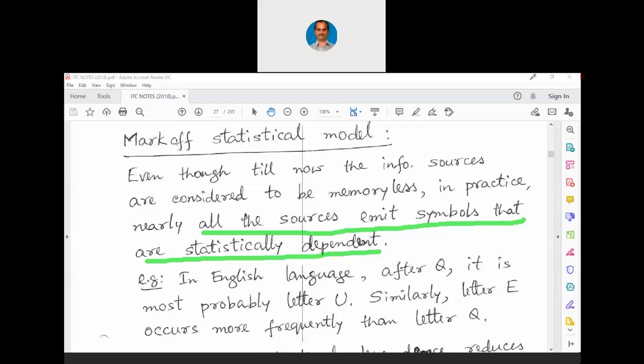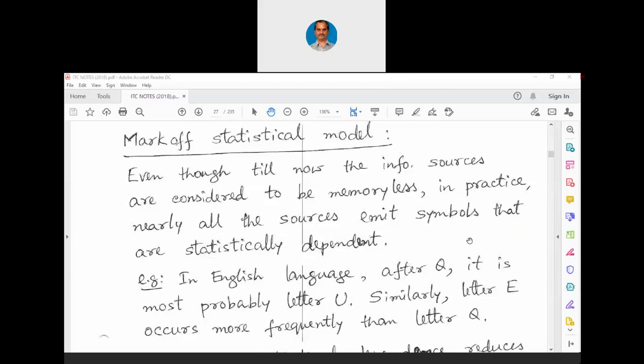So whatever we have been assuming till now, we cannot continue with the same approach now. That is the basic point here. We cannot keep saying that the symbols which are emitted by the information source are statistically independent. They become dependent.